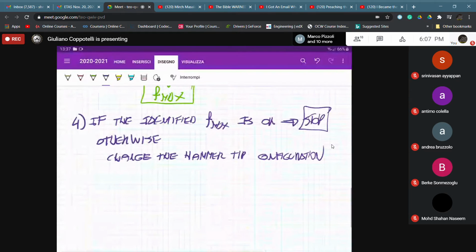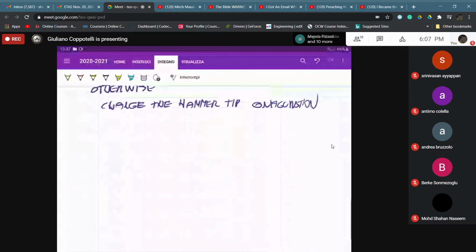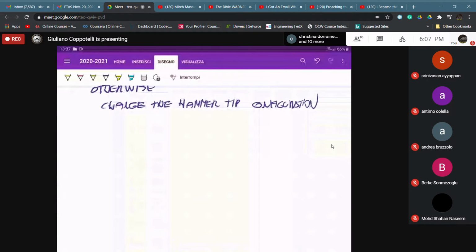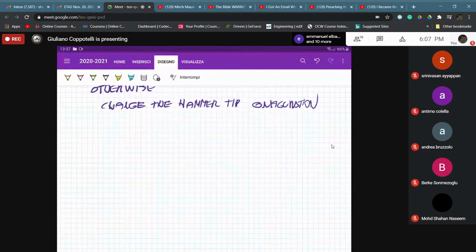Okay, if there are no questions, let me introduce now a different way to excite the system with respect to the hammer. The other way is the shaker.